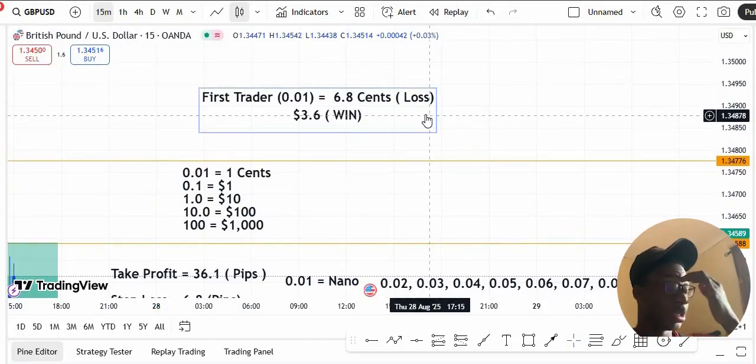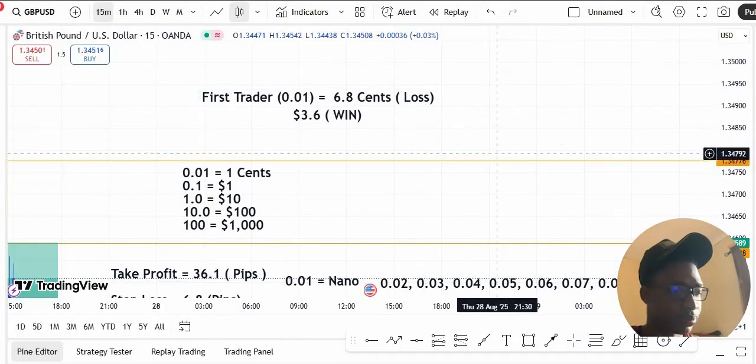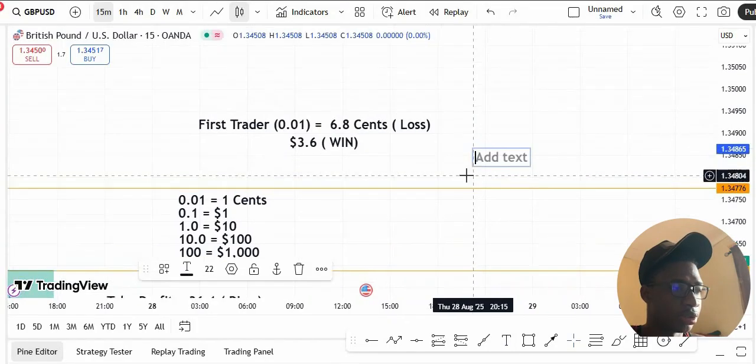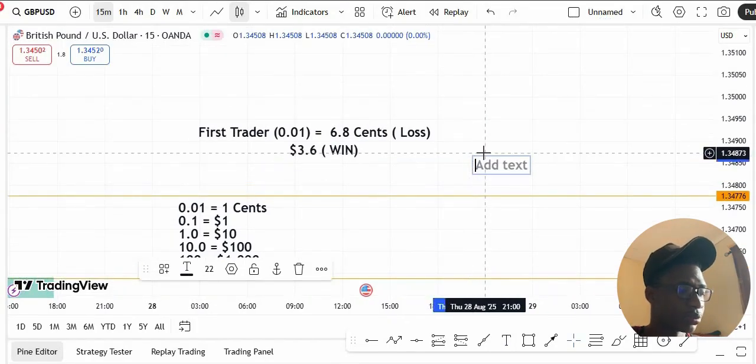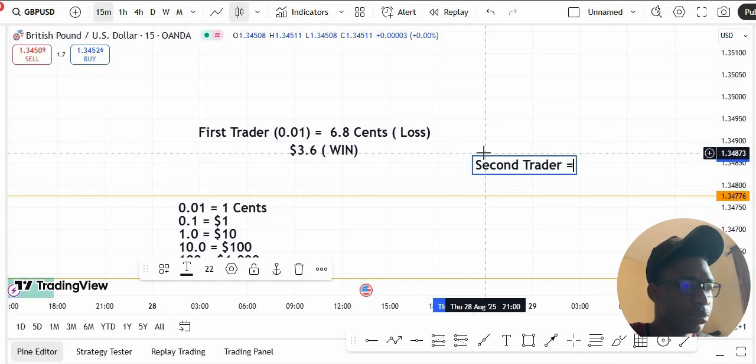Then the second trader was using 0.1. Right, second trader is using what? Sorry, second trader is using 0.1.